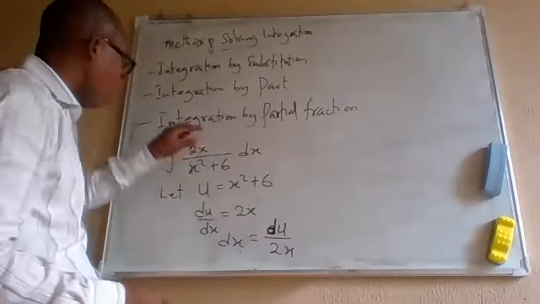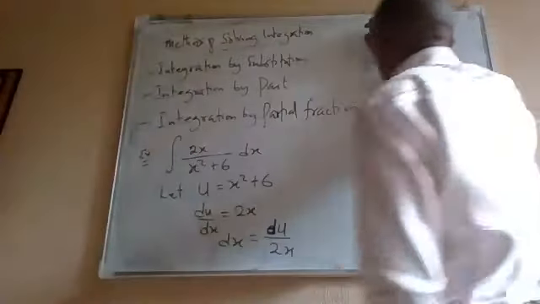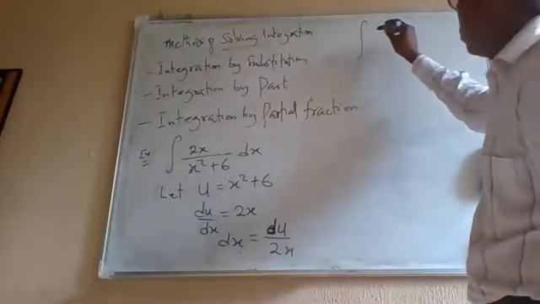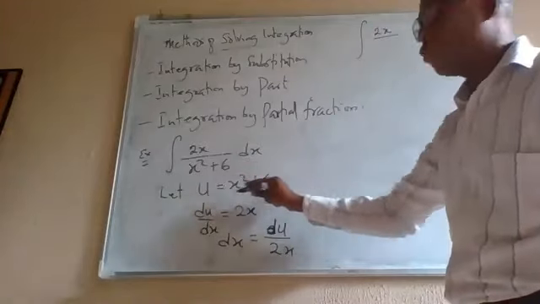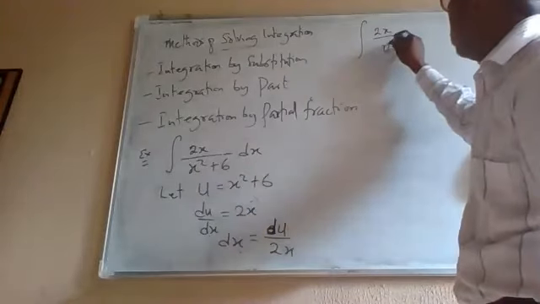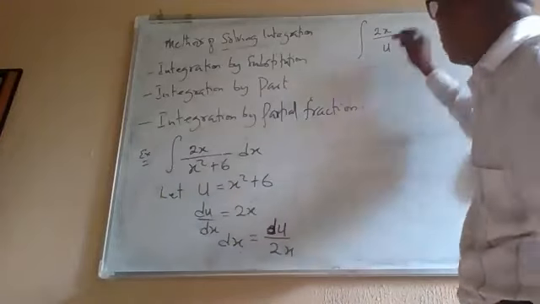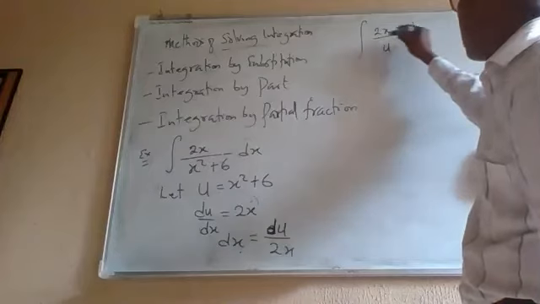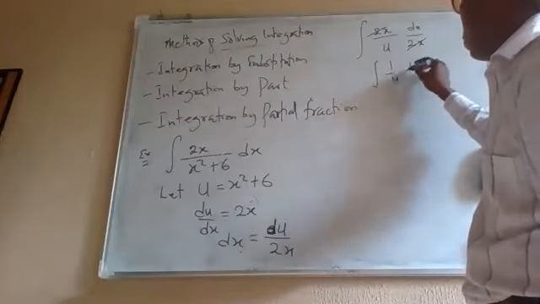All you need to do is to substitute everything back into the integral. So when you substitute back, we are now having the integral of 2s. The denominator, everything has been assumed to be u, so let it be u. Then ds is obtained as du over 2s. So if we look at this, we cancel the 2s. We are now having the integral of 1 over u du.